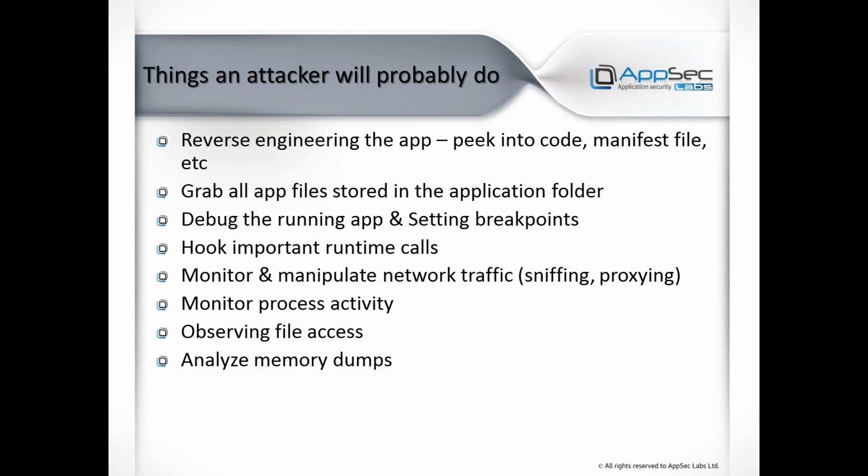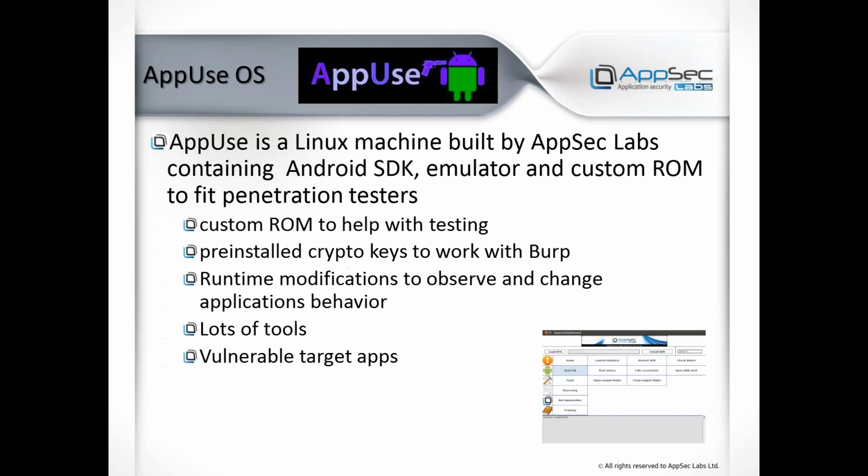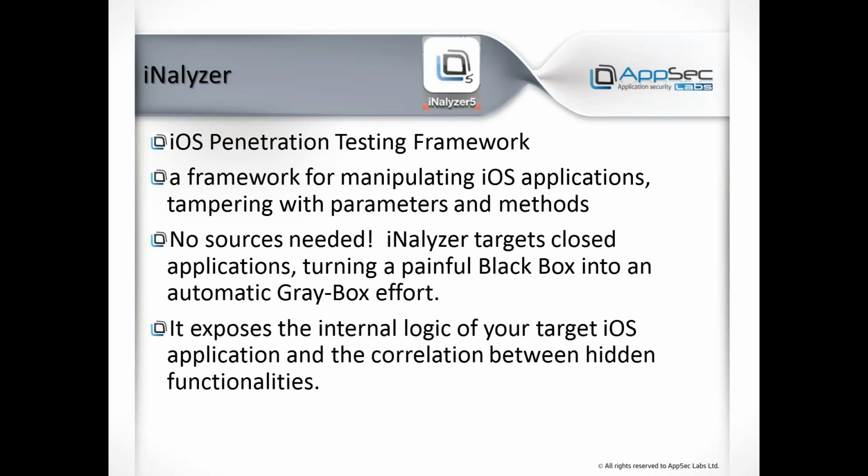So compared to web app, pen testing mobile apps is more complicated, and it takes a different skill set for the pen tester. A pen tester of a mobile app usually comes from a web pen testing background, but not all web pen testers are able to do mobile app penetration testing.